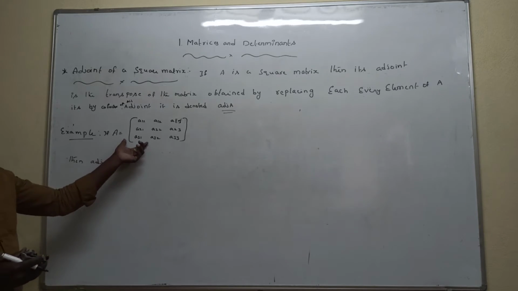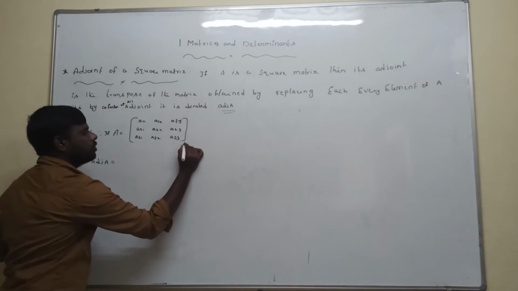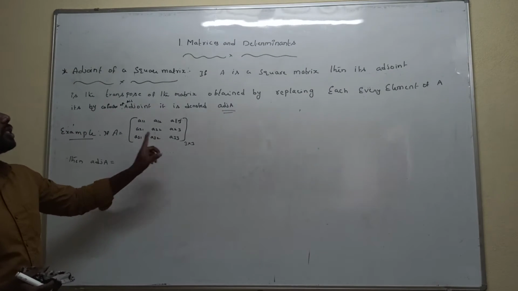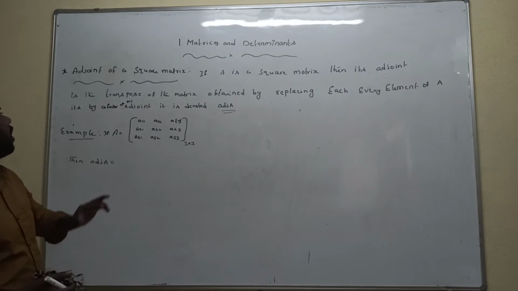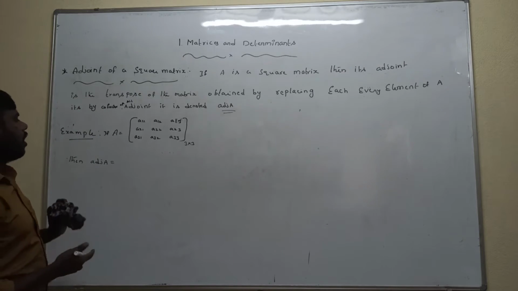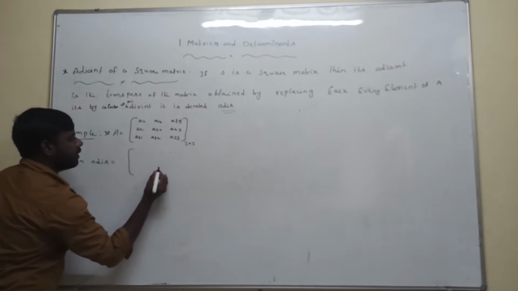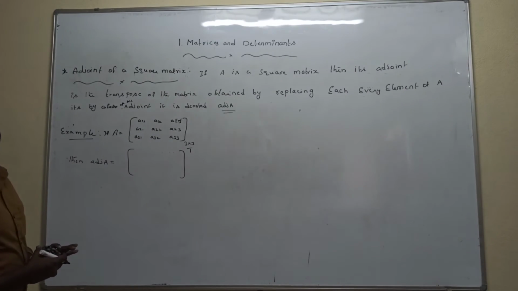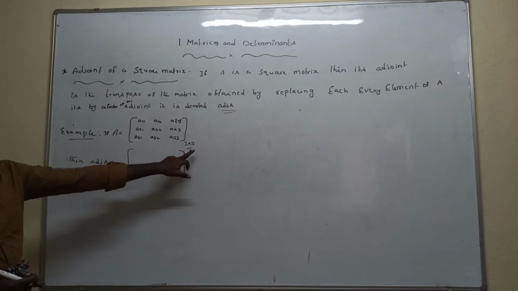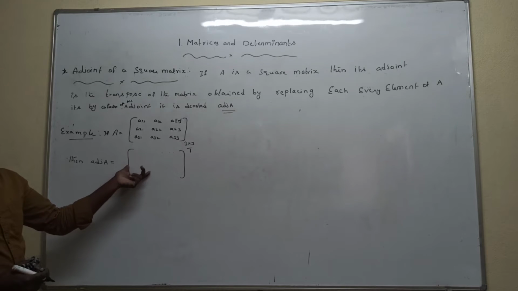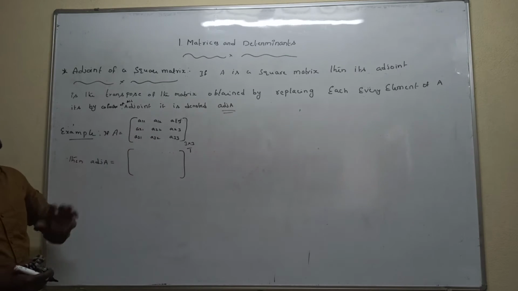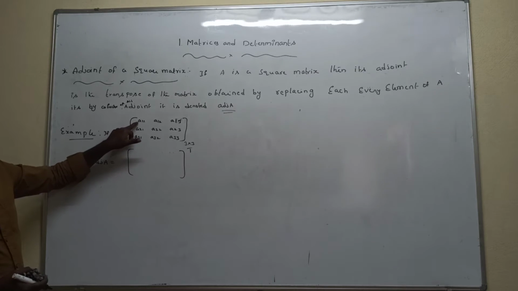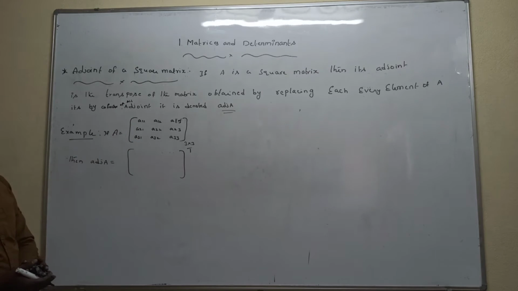If A is a square matrix, with 3 rows and 3 columns, then its adjoint is the transpose of the matrix obtained by replacing each element of A by its cofactor.